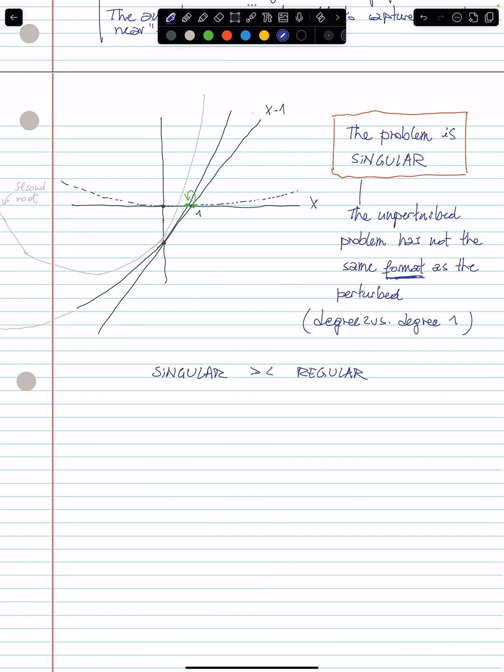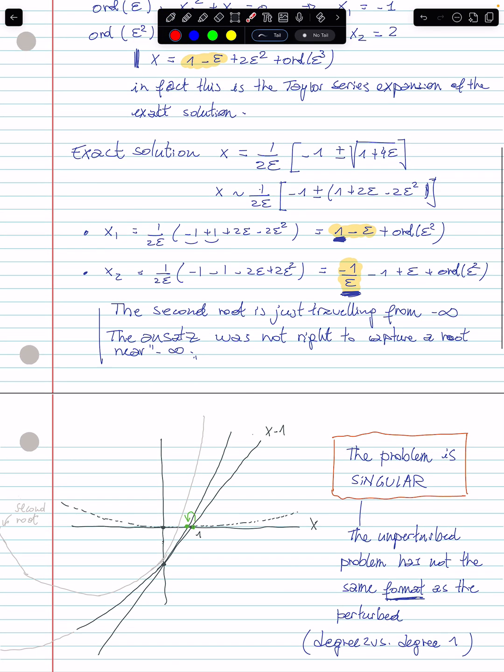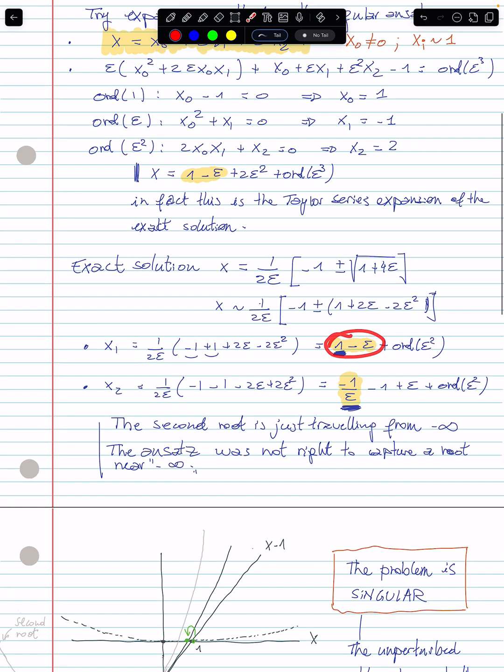Although it is a singular problem, parts of it can still be tackled with a regular approach, like the expansion method and the regular ansatz that we used before, which were fine to get the expansion of the root near 1, because that is something we could get easily with a regular ansatz.